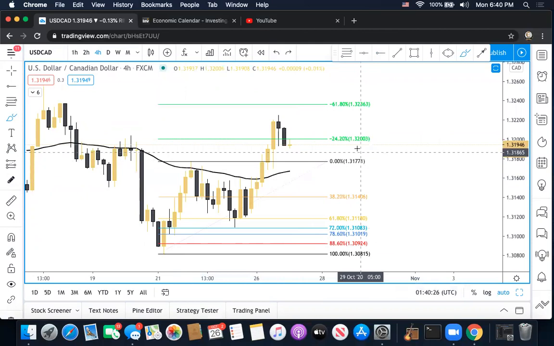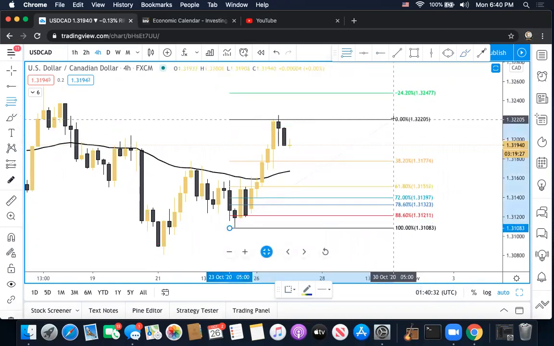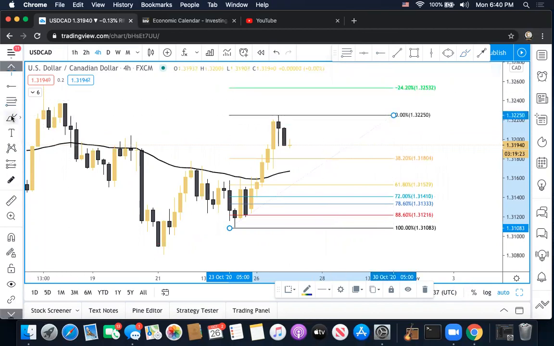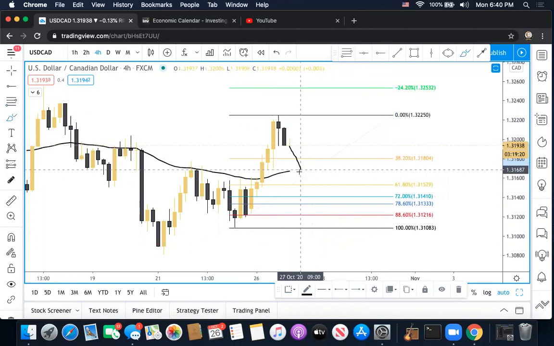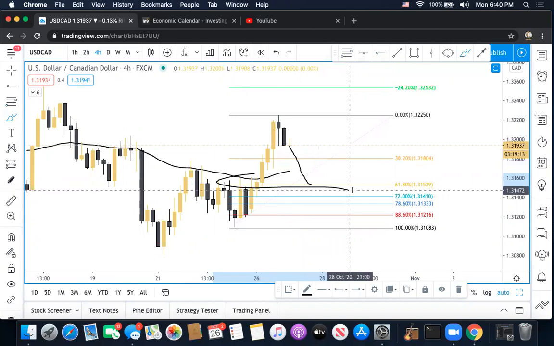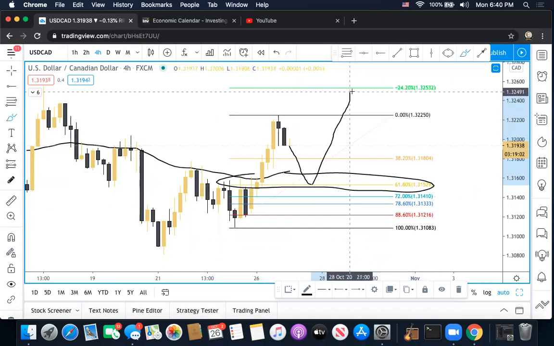Okay, so seeing that the fib is finally complete, I'm going to redraw my fib from the most recent low up to the new high. And overall, if we can get sellers back down to the 1.315 region, so back down to where all these spikes at resistance were, and the market looks like it's trying to show some type of bullish reversal within this region, then I would like to see a move possibly like this.